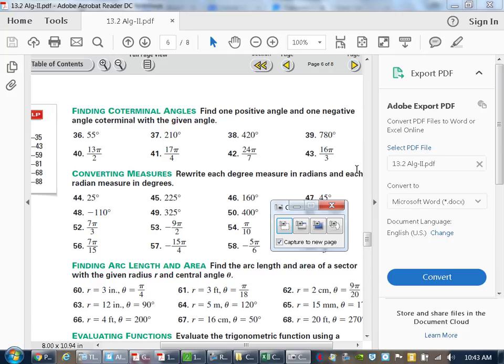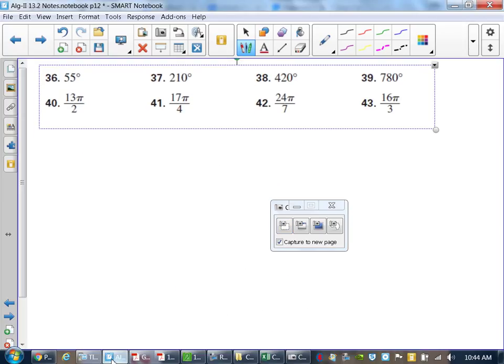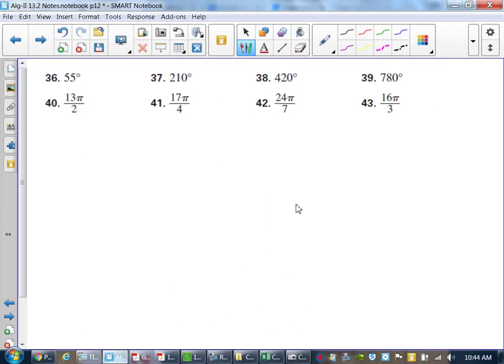Which one? I'm going to do all the radian ones. I was wondering if you had any questions about the degree ones, like finding the coterminals. Is there any of the degree ones? Which one?